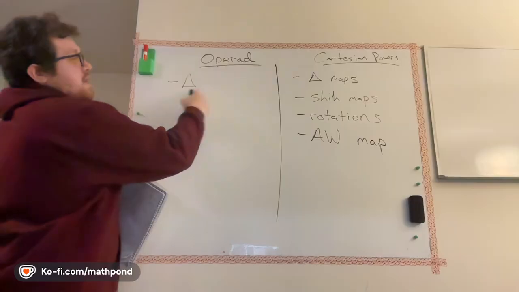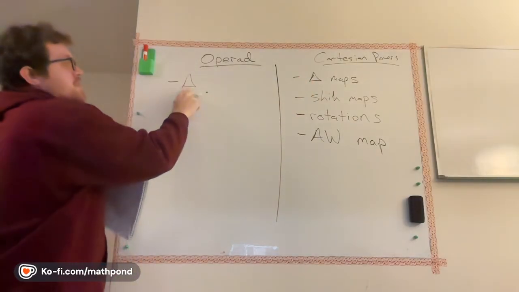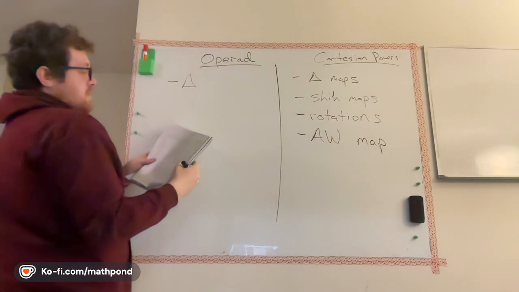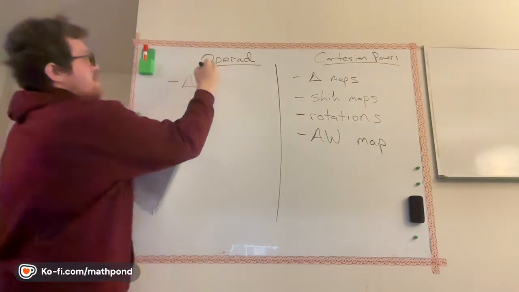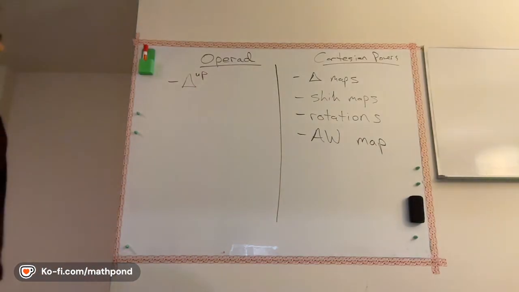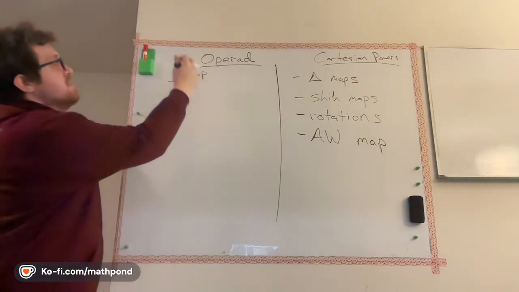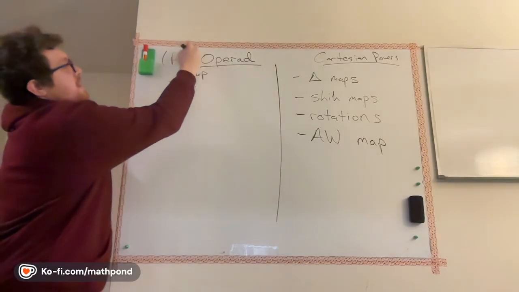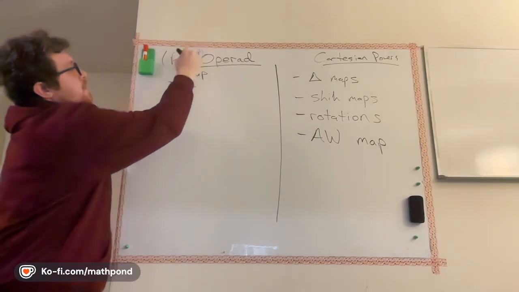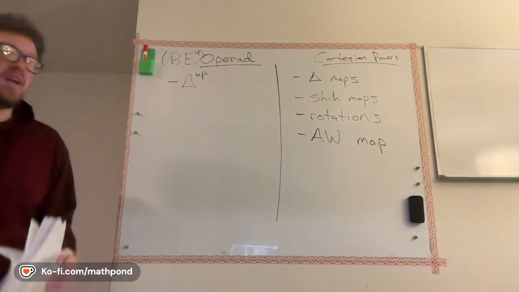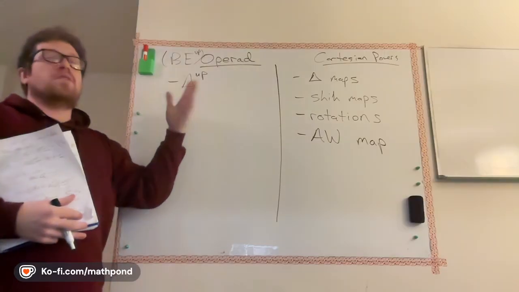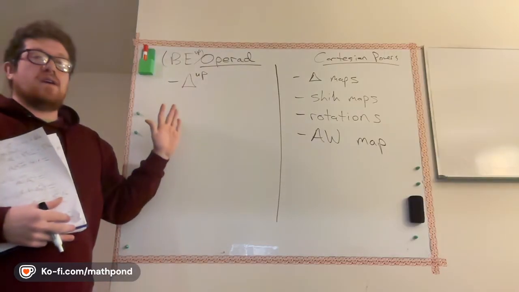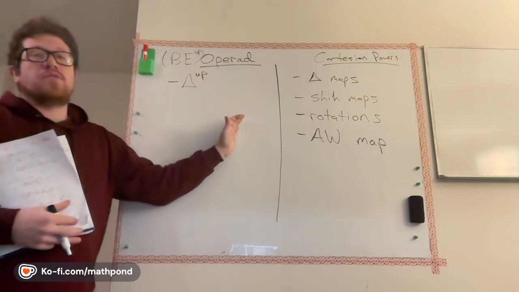It's related to this delta map, but it's obviously operating on a different space. In the notes, I call this delta up because it's operating on this BE up operad that I made up, which is like an upgraded version of the one I was explaining a couple lectures ago, the one that's made out of tuples of permutations.